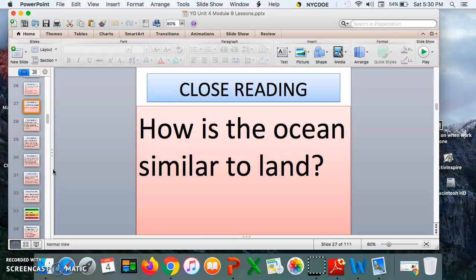Our first close reading question is, how is the ocean similar to land? Take a few seconds to think about this question. You could go back to the slide of the text of the pages we were supposed to read today, and then we're going to go over the answer.